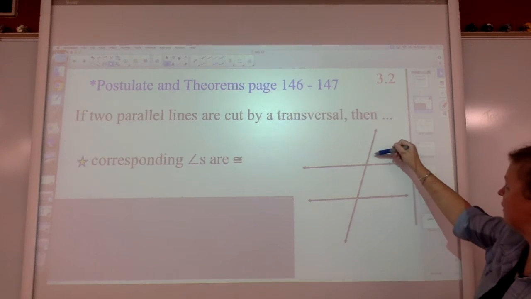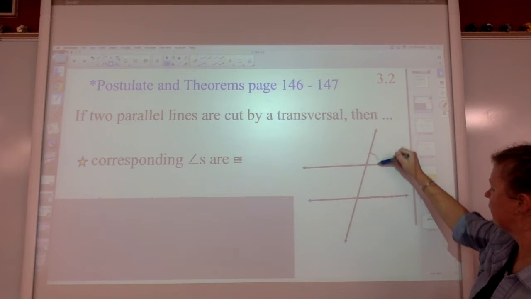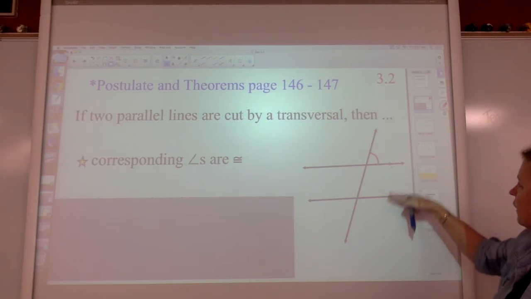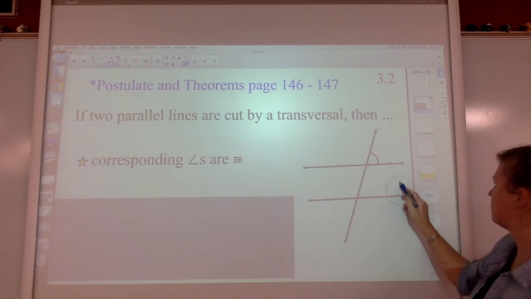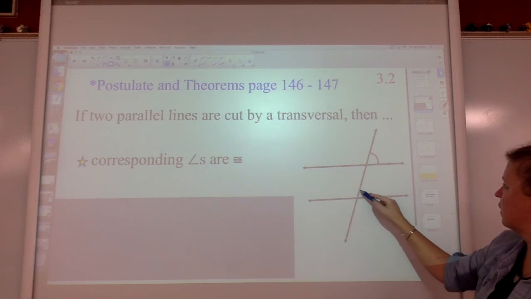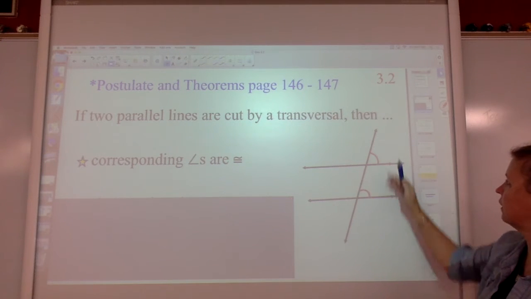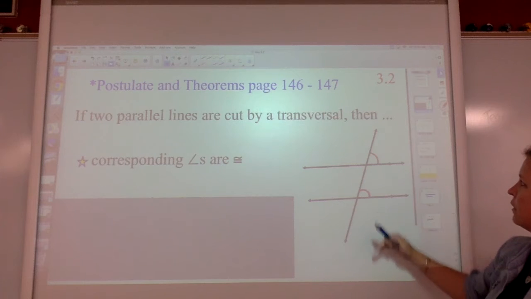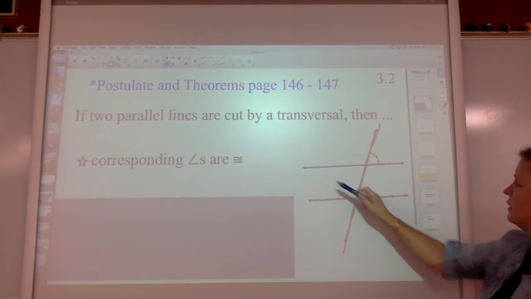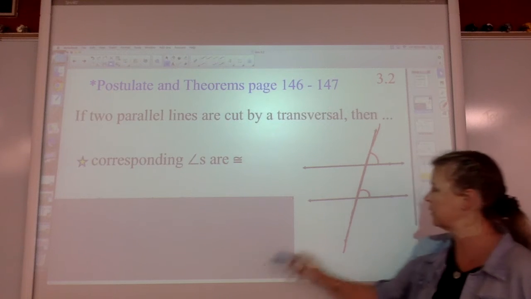If you look at this angle, because this line is parallel, and you can see it's parallel by the 2 little triangles, when you cut this transversal through it, you're cutting at the exact same angle as you did on the previous line. One line cuts through, and because these are parallel lines, it makes it perfect.